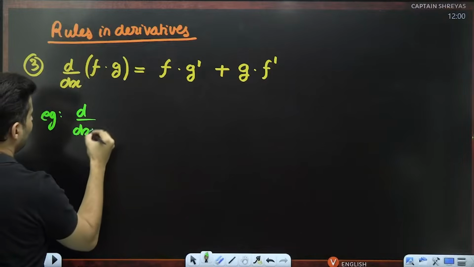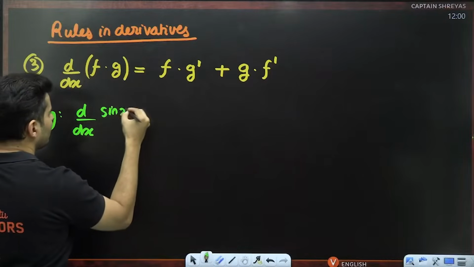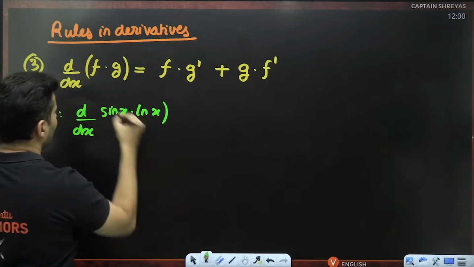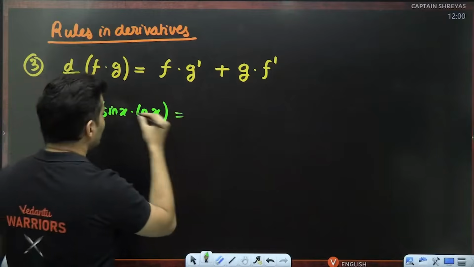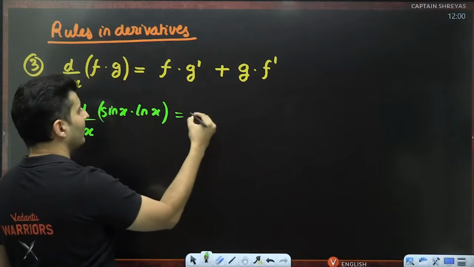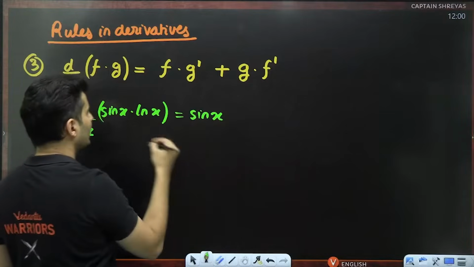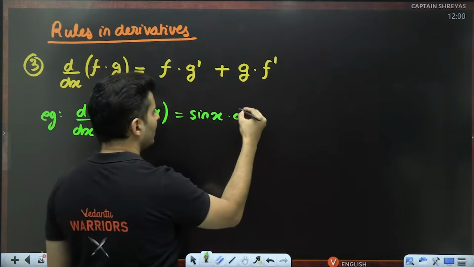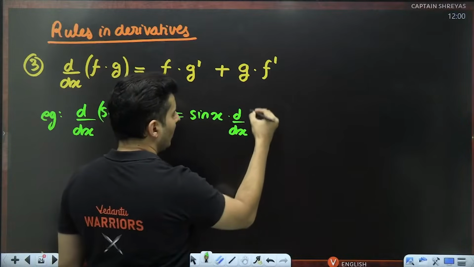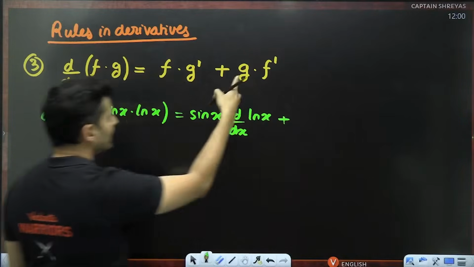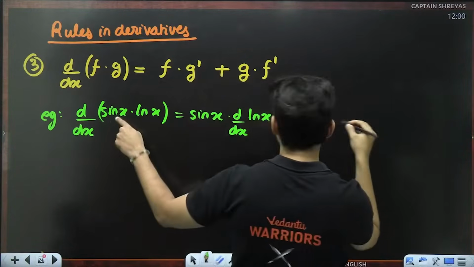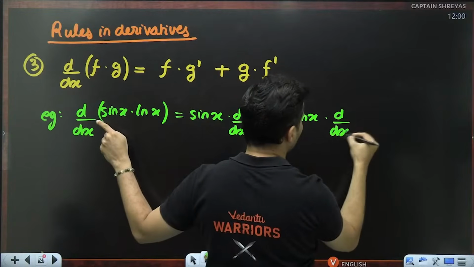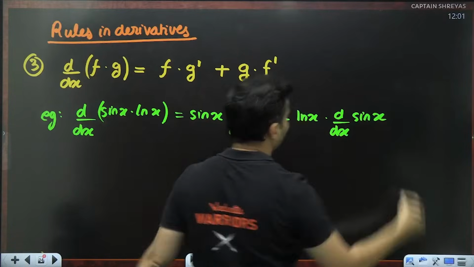Let me demonstrate this to you by an example over here. Imagine I want to find the derivative of sine of x into ln x. These are two functions. Sine is f, g is ln. So I'll write down the first function, which is sine of x as it is, derivative of the second function, d by dx of ln x, plus second function, which is ln x as it is, derivative of the first function, basically sine of x.